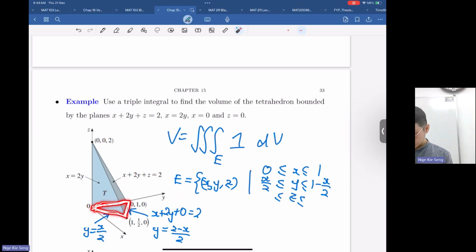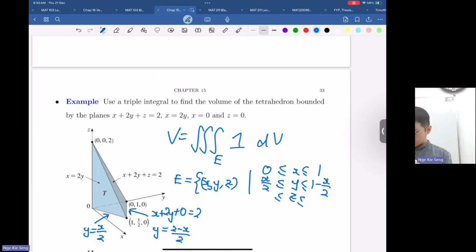Now we have determined this R2 domain here. So we need to determine this height. Given a point in the xy plane, how does the height change? You can see that they all start from 0.